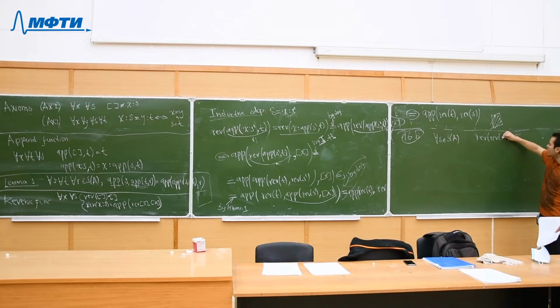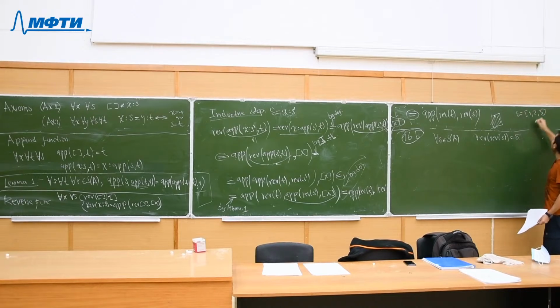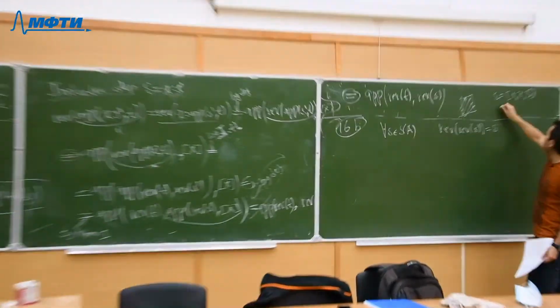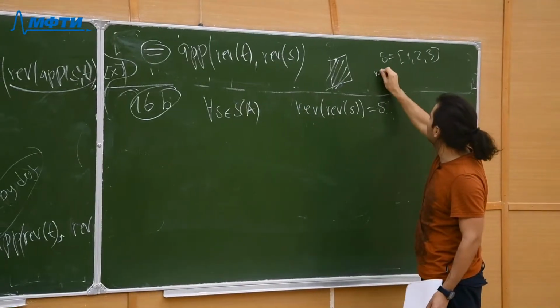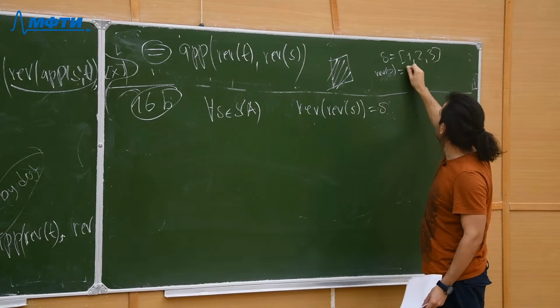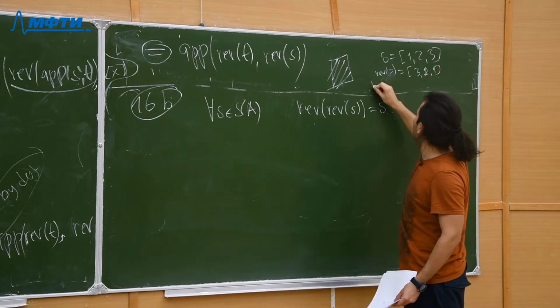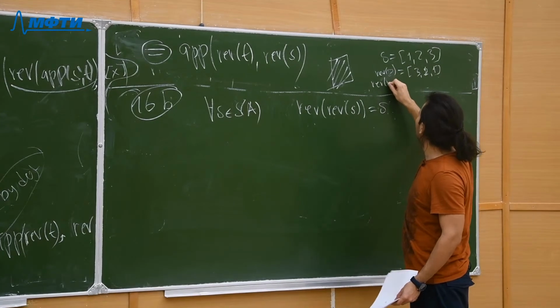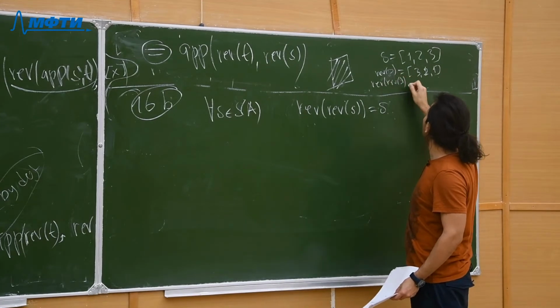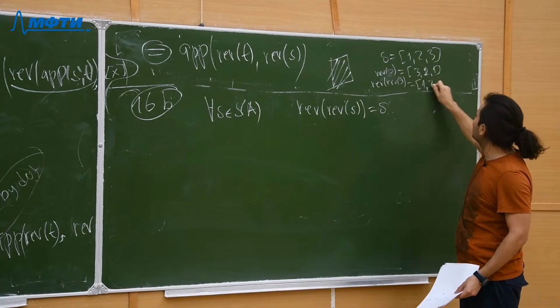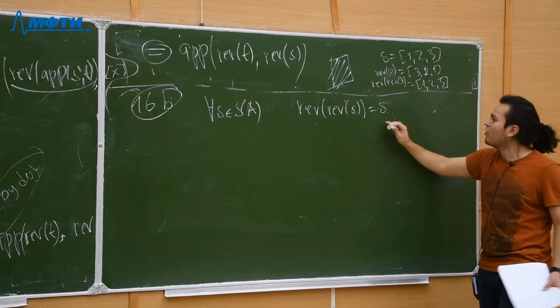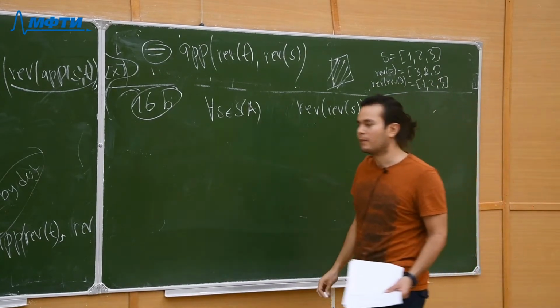So if we take, I don't know, let S be again 1, 2, 3. The reverse of S is going to be 3, 2, 1. And the reverse of the reverse is going to be 1, 2, 3. So this is true. This is quite clear. But anyway, we need to prove it, okay?